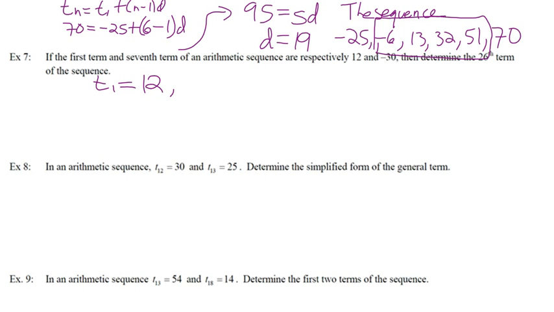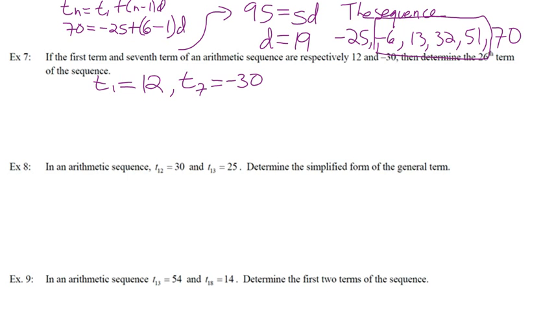What else do we know? We know T1, we know T7, right? So using those two facts, we're going to calculate D. Once we have D and T1, we can then calculate any term we want, which in this case is the 26th term.